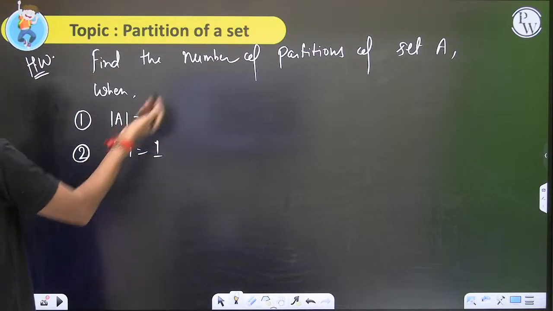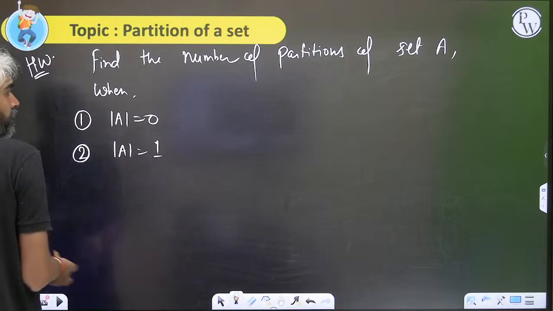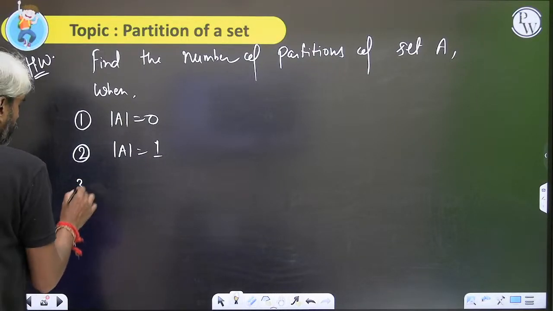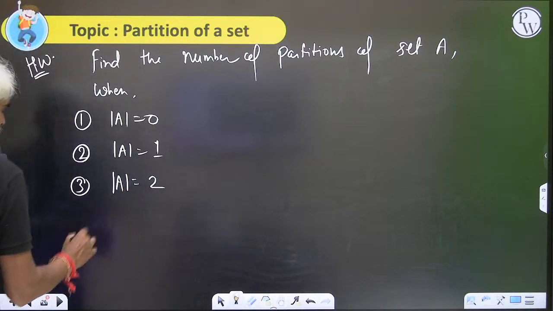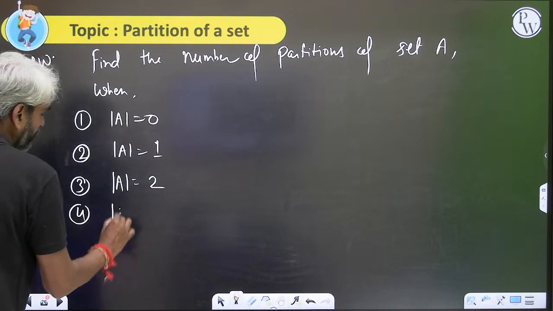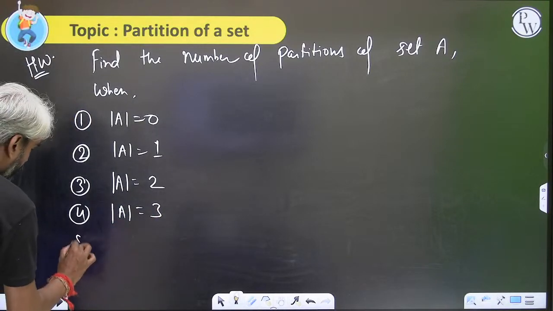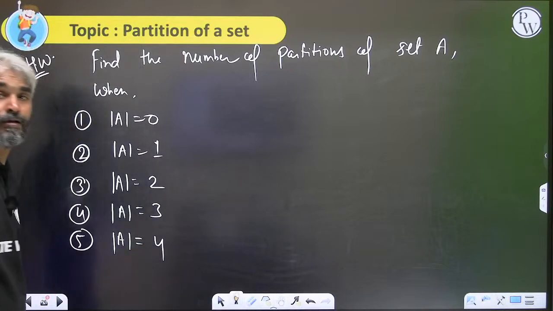That is, if there is no element in set A, then what will be the partition of set A? If there is exactly one element in set A, then how many partitions of set A? Third, if there are two elements in set A, then how many partitions will there be? If the number of elements is 3, then how many partitions will there be? Sir, if mod A equals 4, then how many partitions will there be for set A?